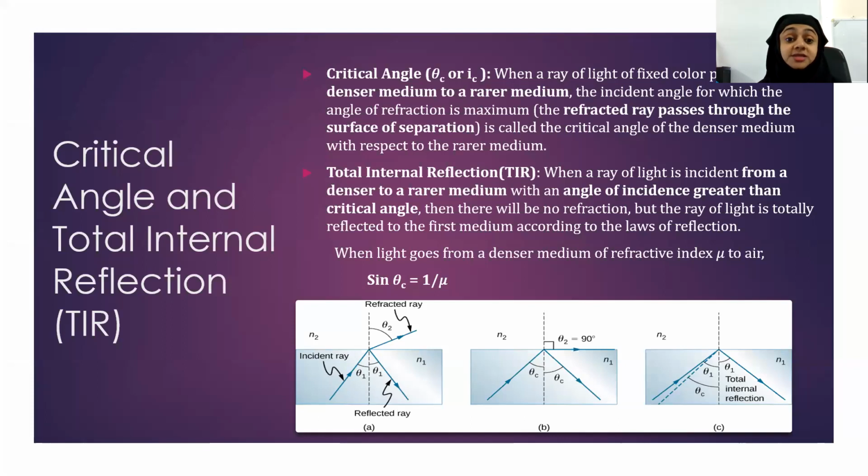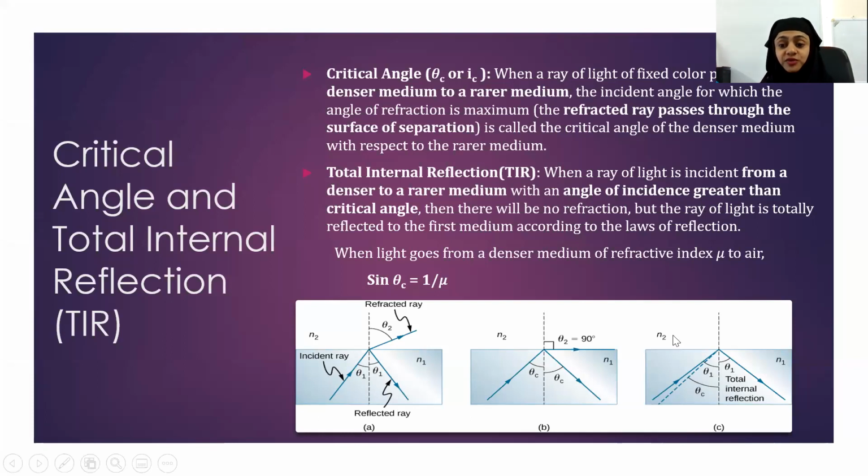It should be greater than the critical angle. The angle of incidence should be greater. See, this is the incident angle, right? Here you can see theta c is the critical angle. Angle of incidence is greater than the critical angle. Okay. In that case, all the light will be reflected back to the same medium. This is called total internal reflection.